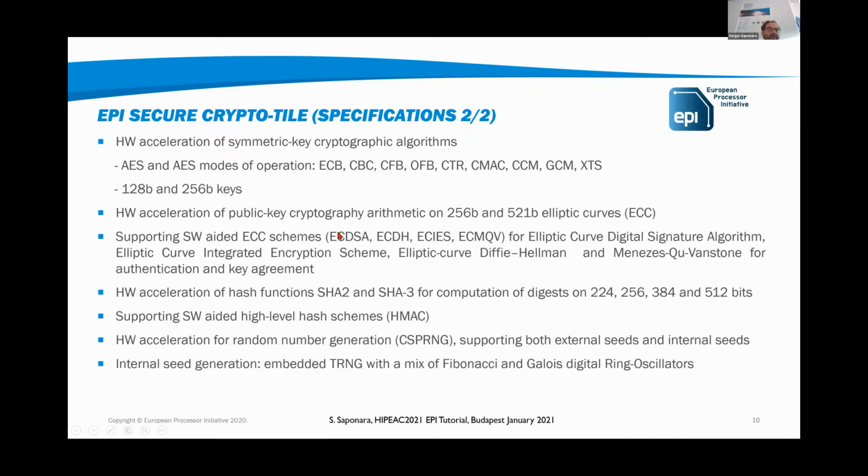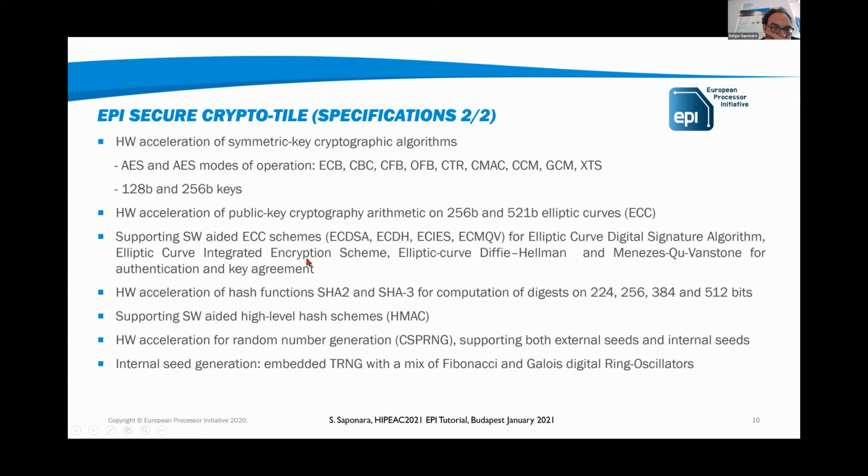Instead, for public key cryptography, we support RSA in software, while in hardware we support elliptic curve cryptography and all the families, through interaction with the programmable part: the elliptic curve digital signature algorithm, elliptic curve integrated encryption scheme, elliptic curve Diffie-Hellman, and elliptic curve Menezes-Qu-Vanstone for authenticated key agreement. So all the elliptic curve based approaches for public key cryptography are supported in hardware.